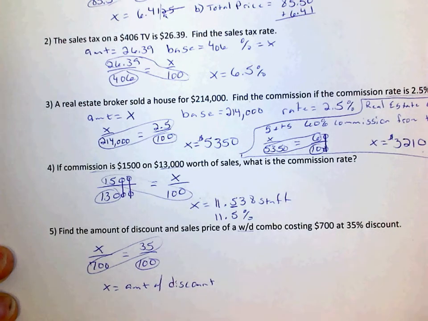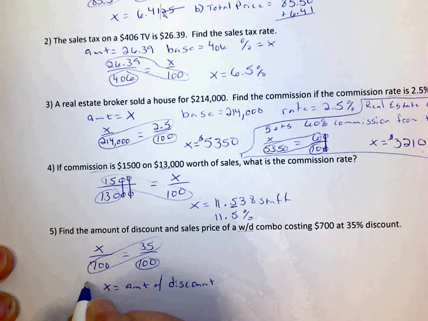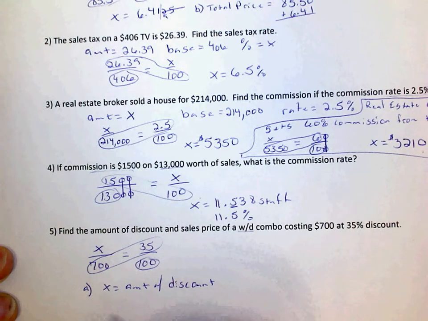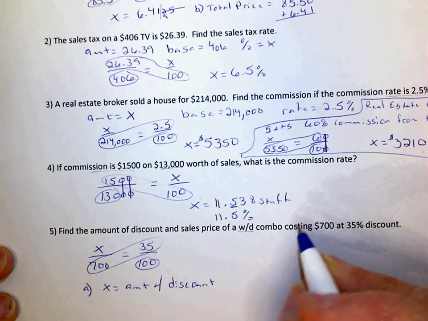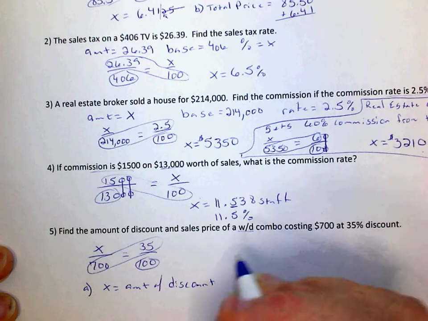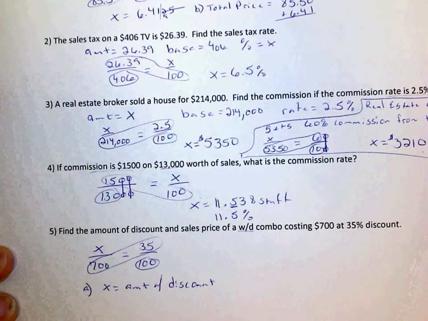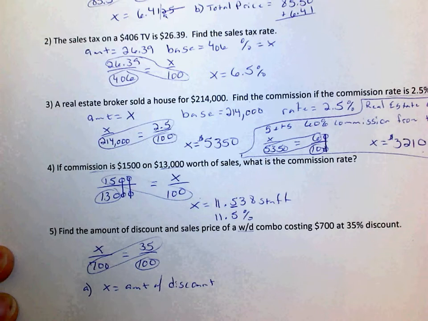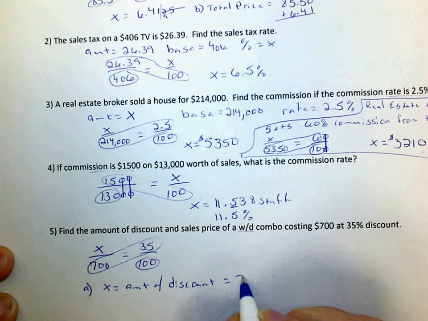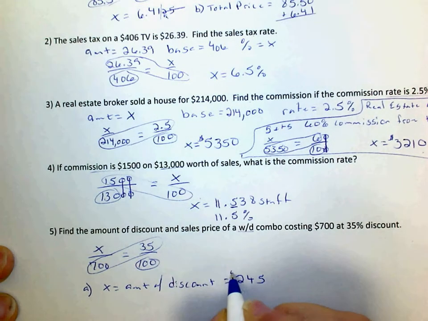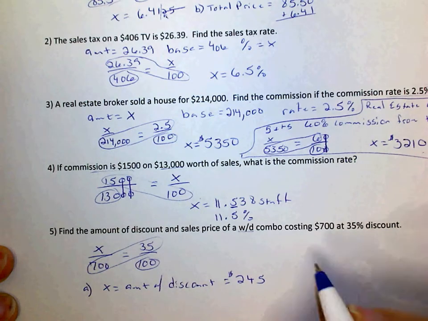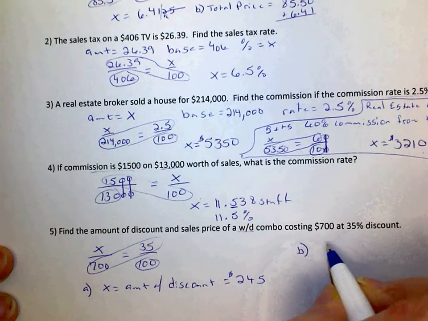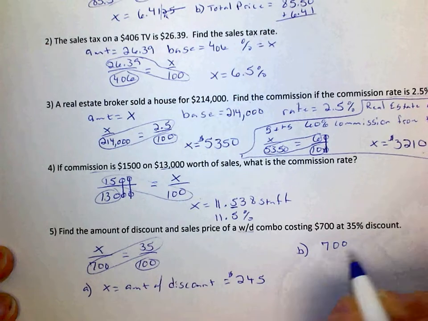So that's only the first part of this answer for this problem. So 700 times 35 divided by 100, and you get $245 as your discount.